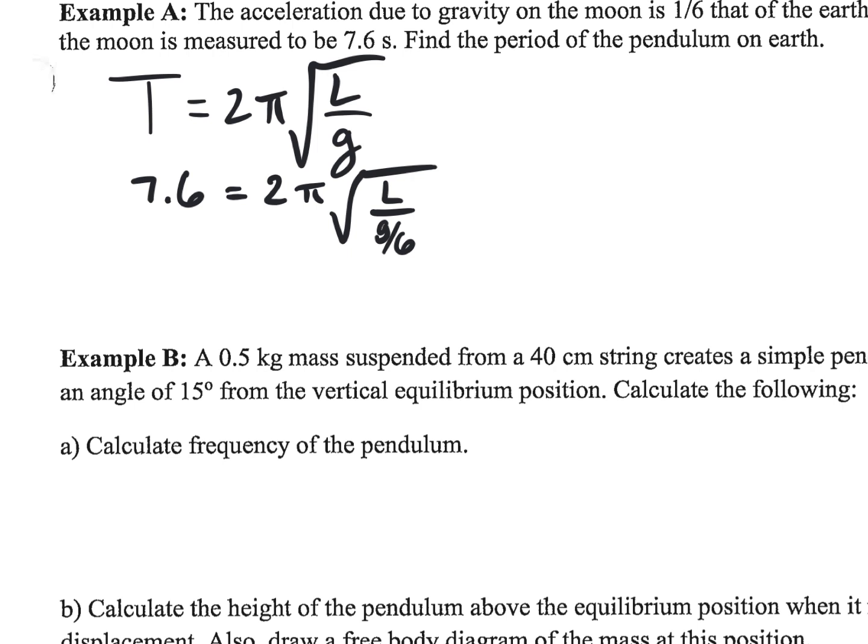So how do I solve for L? Do we know what g is on Earth? 10, right? Okay. So maybe we should put 10 in here. The thing we don't know is L, do we? So this is 10 divided by 6. Okay, so now can we solve for L, so this is the moon.